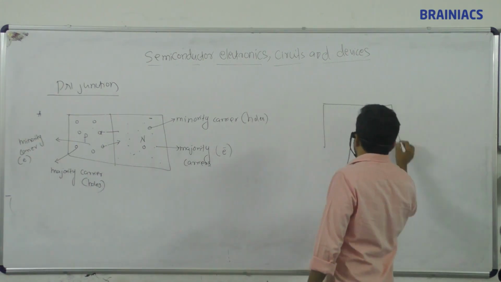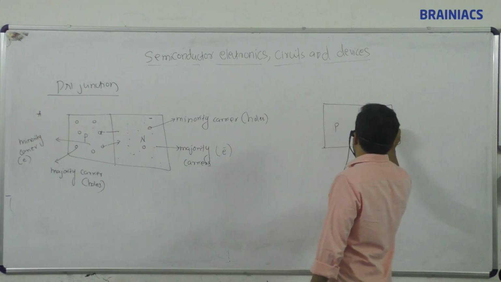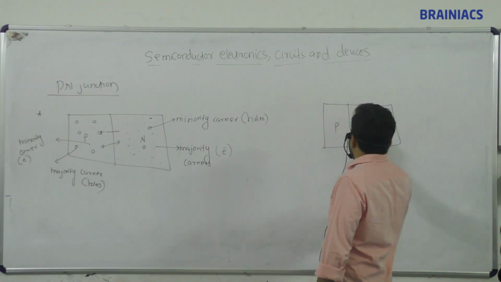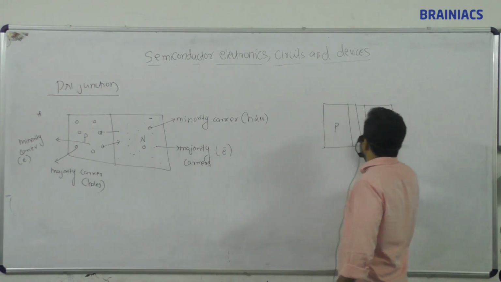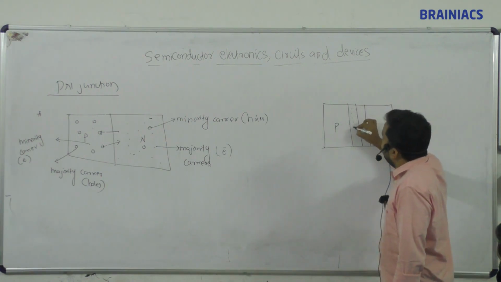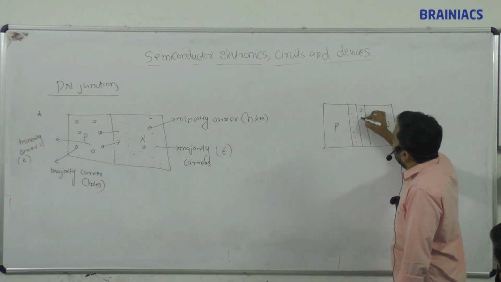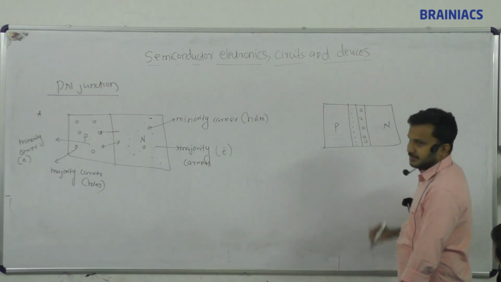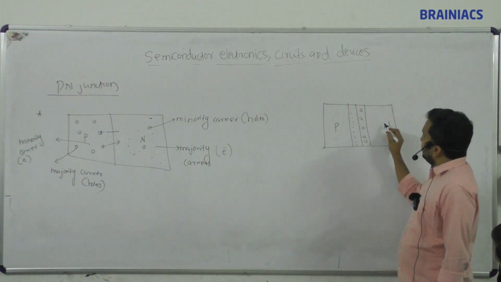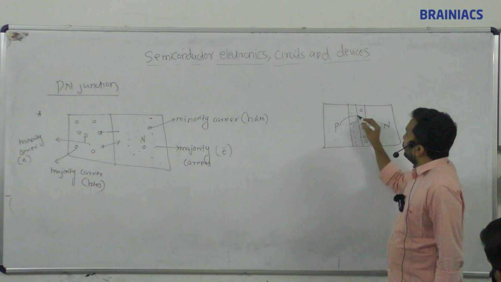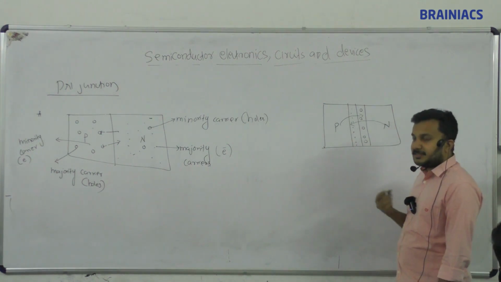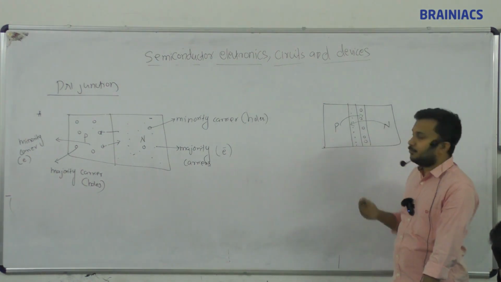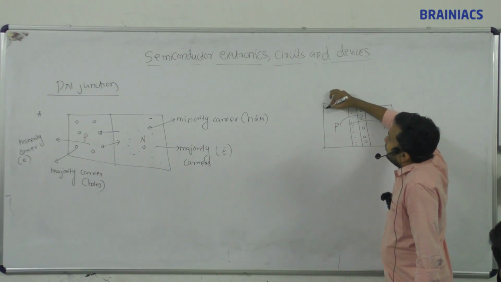That means in a p-type and n-type material combined, at the center a strip region will be formed, and here electrons are accumulated and holes are accumulated on this region. What will happen? These electrons try to move here, these holes try to move here. Next, after some time, this is another hole.